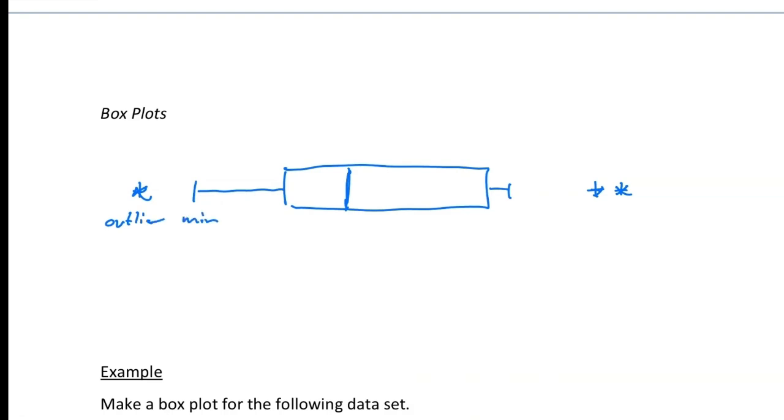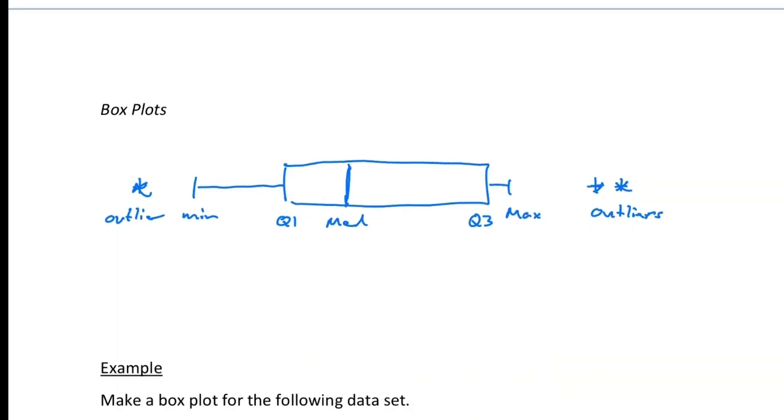I'm going to call this the min, but again, it's technically not the min if there's an outlier. It would be the next lowest number. Q1, your median, Q3, again, the maximum, biggest point unless you have outliers. And then it's just the next lowest. It's basically the biggest point before you hit an outlier. On the other end, it's the lowest point before you hit an outlier.